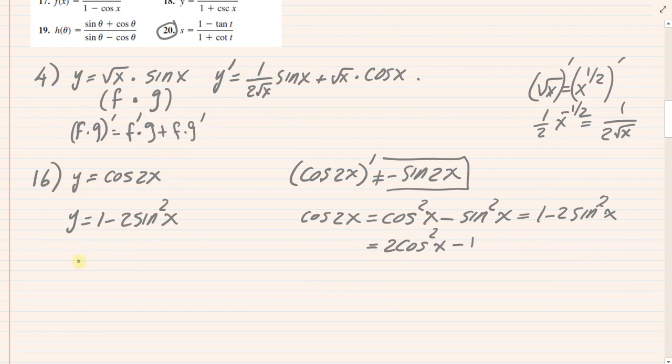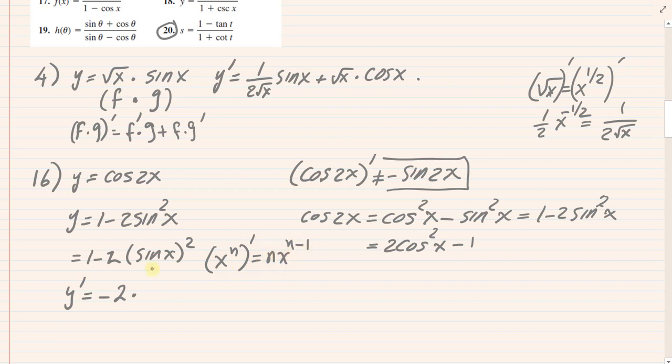Now I'm going to take the derivative of this one. So this is now 1 minus 2, and you can think of sine squared x as sine x quantity squared. Those are the same. Now I can take the derivative. Derivative of 1 is 0. Negative 2, constant multiple. Here we're doing x to the n, which is n x to the n minus 1.